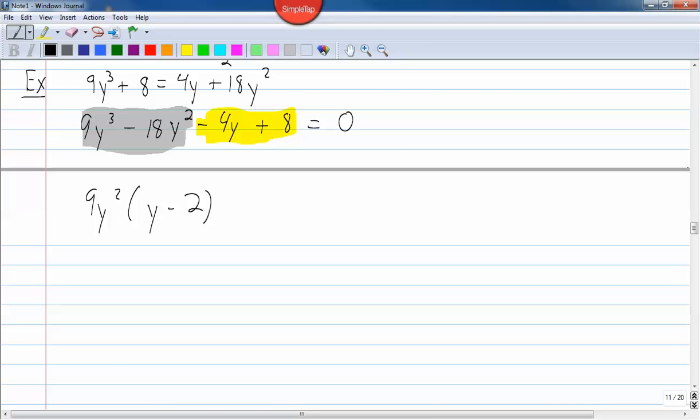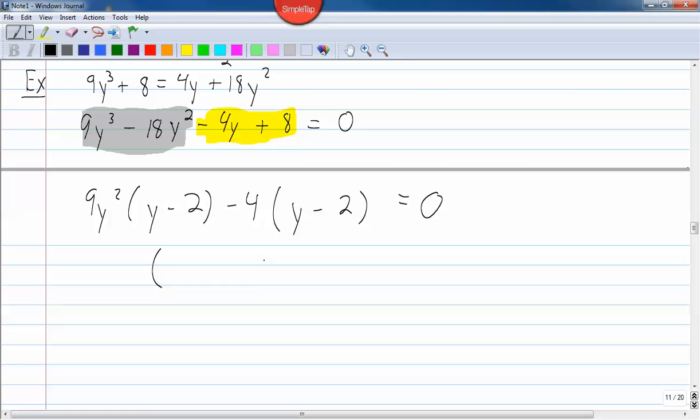Now here's where we can see if this will factor by grouping. Factor out the greatest common factor out of the second group. And since this was a minus here, I'm going to have to factor out a negative 4. So it's minus 4 times y minus 2. Notice that what's in the parentheses is the same in both terms. That means you can factor this by grouping.